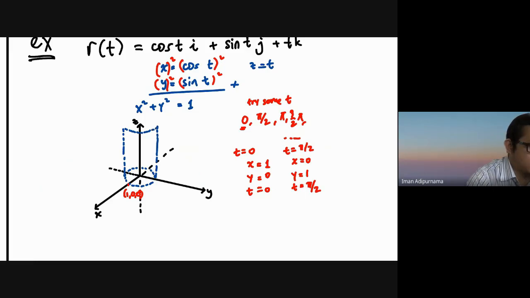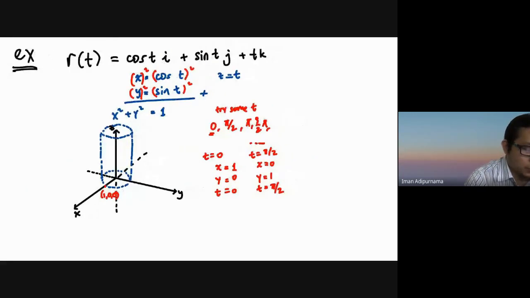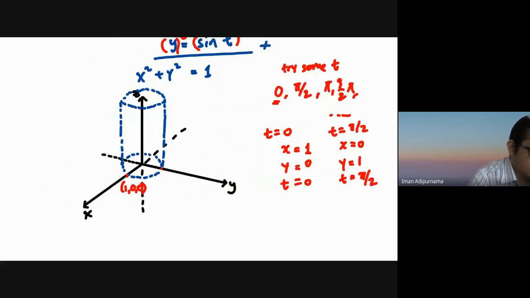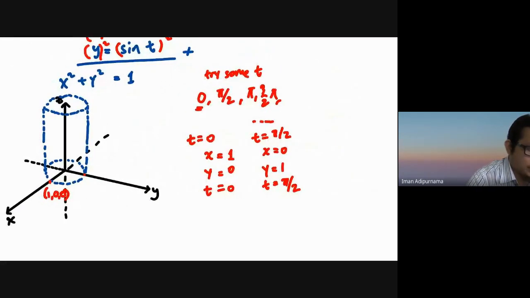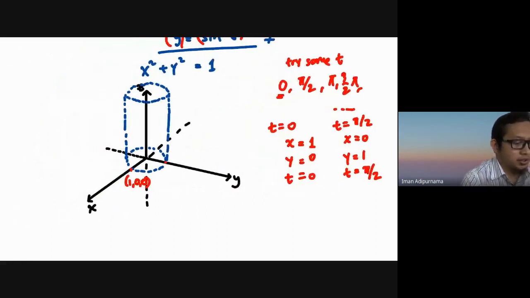Maybe until here. Now y is 1, so y is around here, and x is 0, and then t is pi/2.